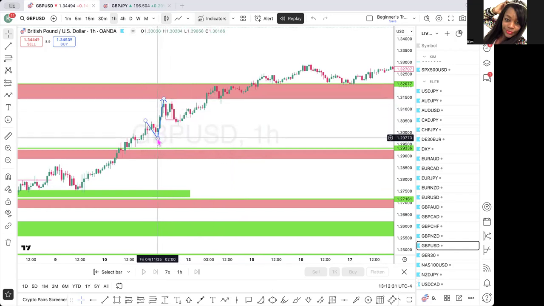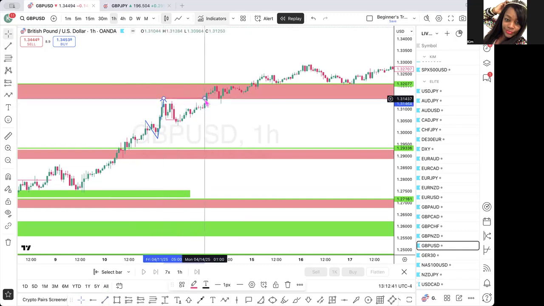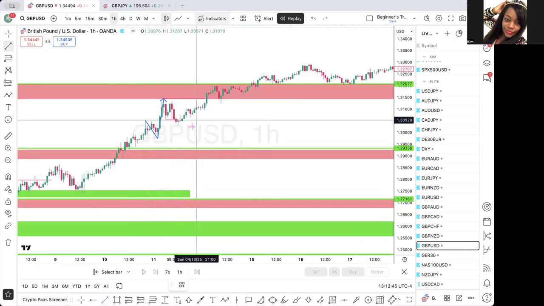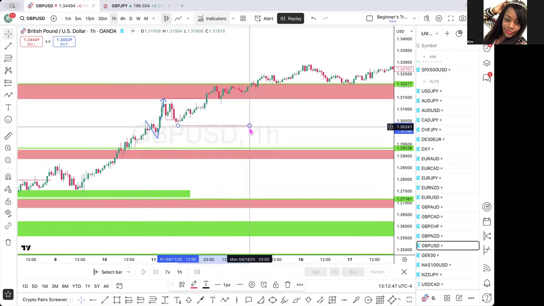The swing low is here. Until price breaks this swing low or this swing high, then I'm not fazed in the least little bit. That's your swing high. That's your swing low. Price broke this swing high. So you can now make, let me change the color.